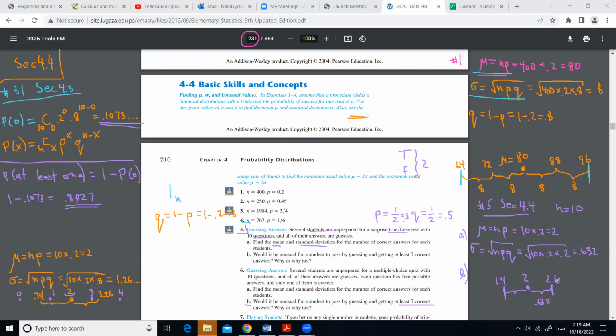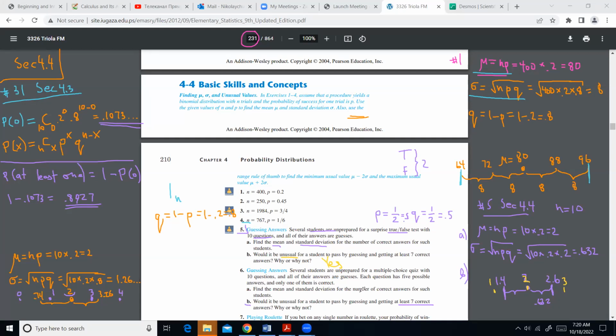So how about 7? Well, it looks like it's just too far from reality. Maybe you will guess 1, maybe 3, maybe 4, but definitely not 7. So if somebody asks, would this be unusual? The answer is, of course, yes. It would be unusual to guess so many correct answers.